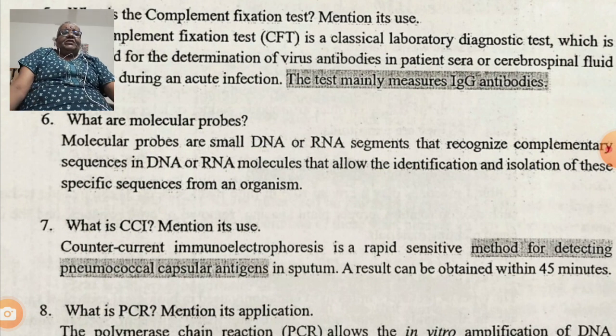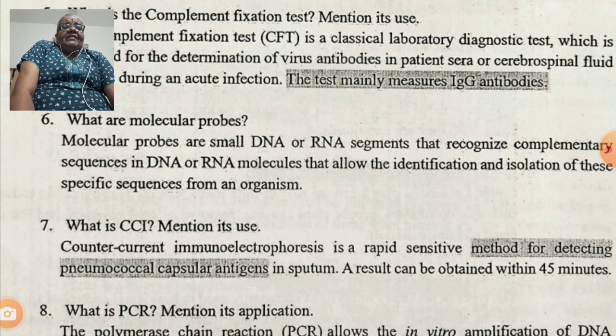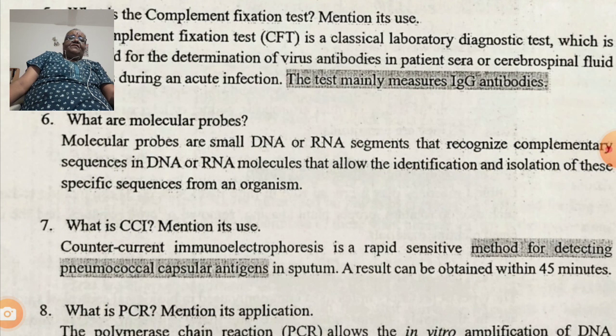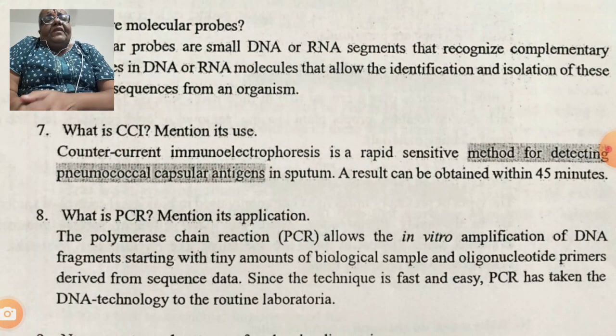They basically work by hybridization of nucleic acids. The probes which involve DNA are called DNA probes and RNA are called RNA probes. These probes are largely used in the DNA fingerprinting technique, but they find use in diagnostic techniques also. We will go to the next question.